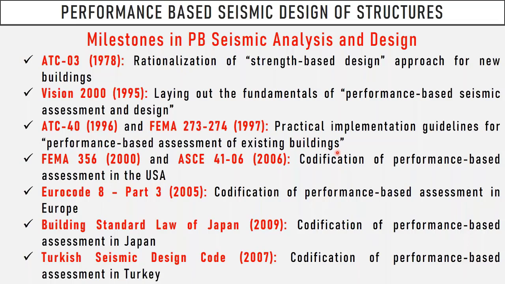And FEMA 356, first time it was codified, and then it all started after USA. It extended to Europe with Eurocode 8 in 2005. In 2009, it was in Japan, and the first time the code involved performance-based assessment in Turkey was the 2007 code.